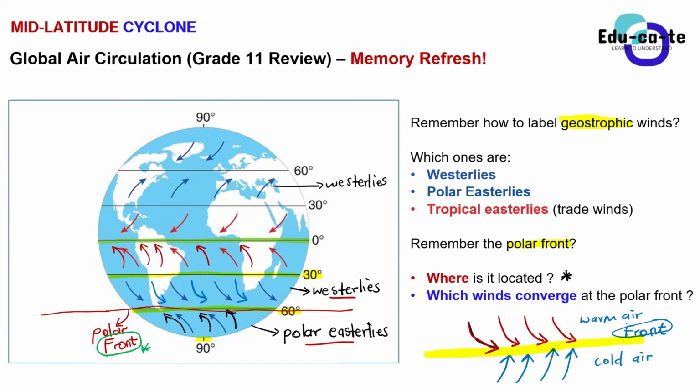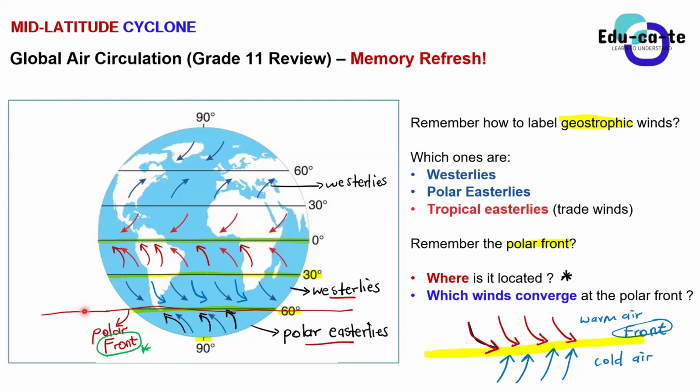Yes, sir. So now, since we say that here at the 60 degrees line of latitude there is a polar front, it means the air masses that are converging at the 60 degrees line of latitude must be different. Some of the air must be warm, some of the air must be cold.